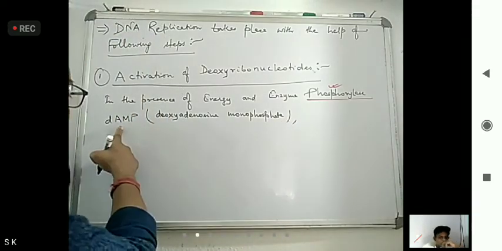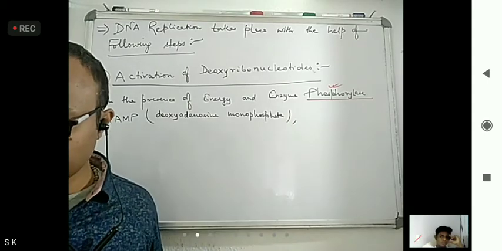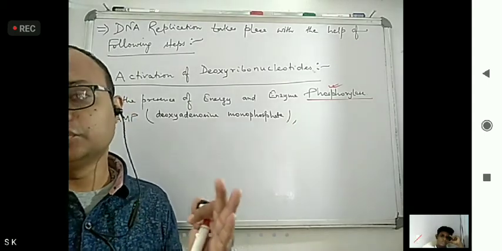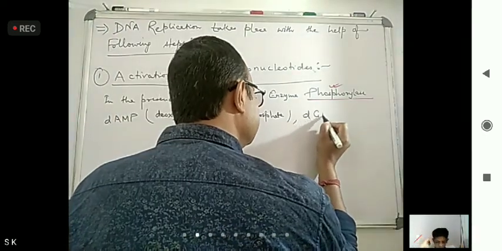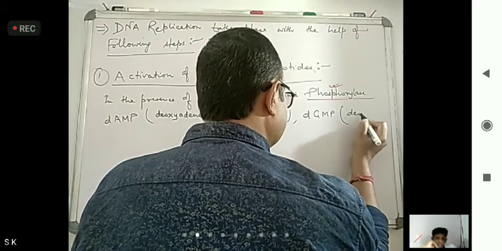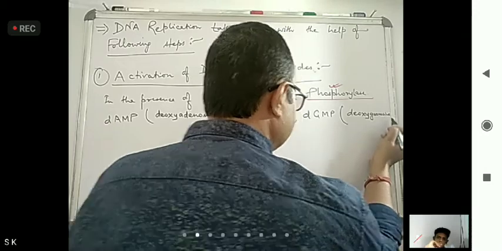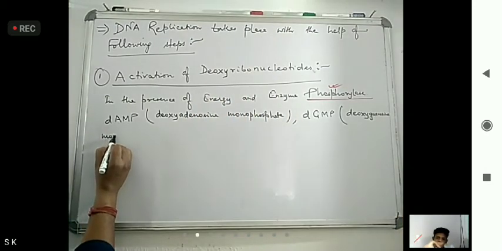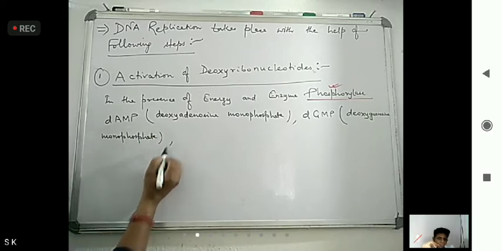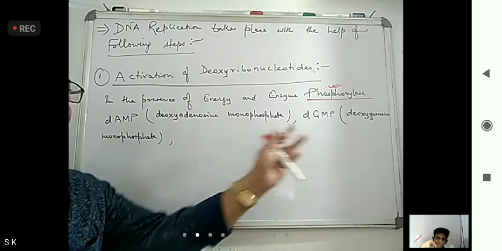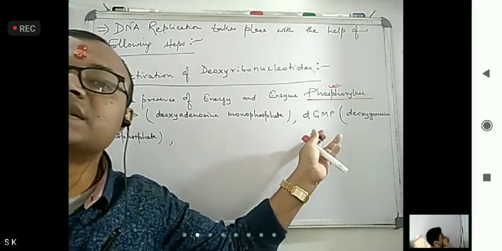Another one, because we are discussing what? DNA. So one is adenine, one is what? Guanine. So deoxyguanosine monophosphate, dGMP. Okay, so first we saw dAMP, next is dGMP, next is dCMP.